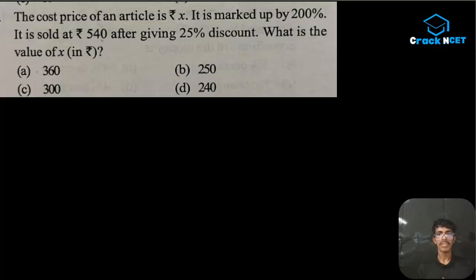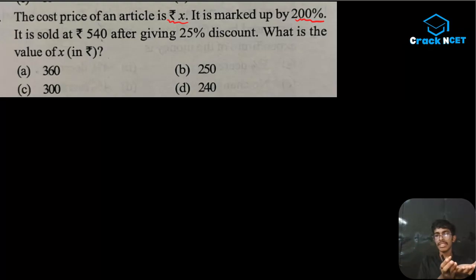What is given over here? The cost price of an article is X. It is marked up by 200%. So which means that initially the price of an article was this, and it was marked up.